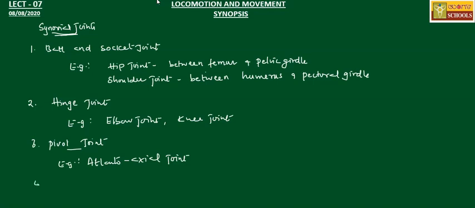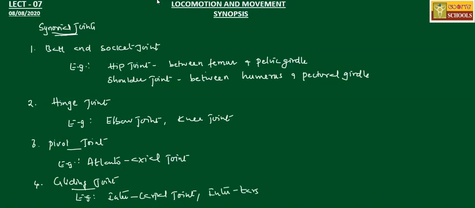The next one we have is the gliding joint. This gliding joint is present between the carpals, the intercarpal joint, also called the intertarsal joint. And one more we have is the condyloid joint.